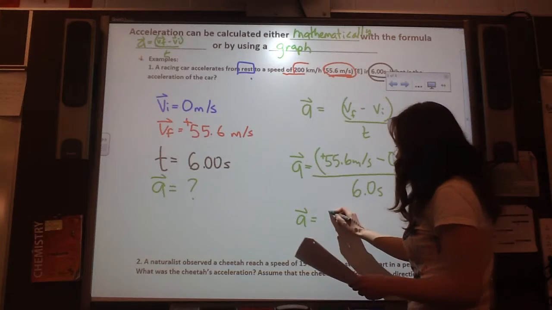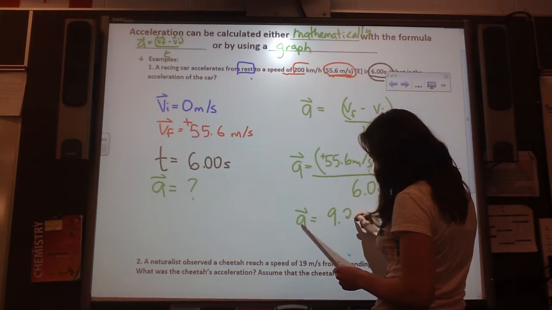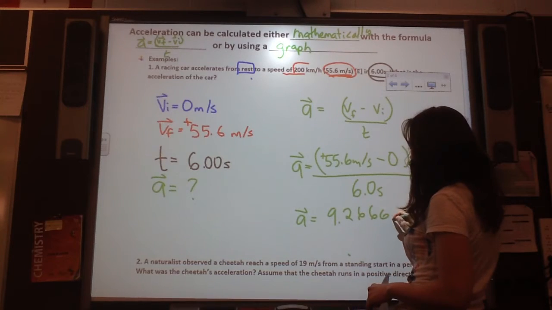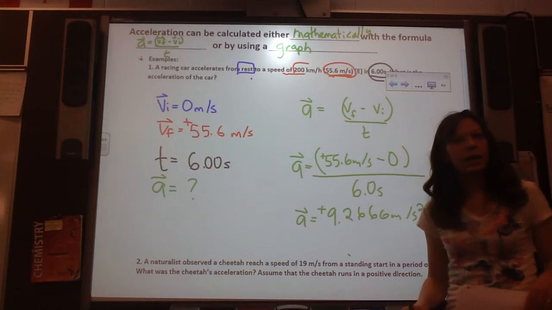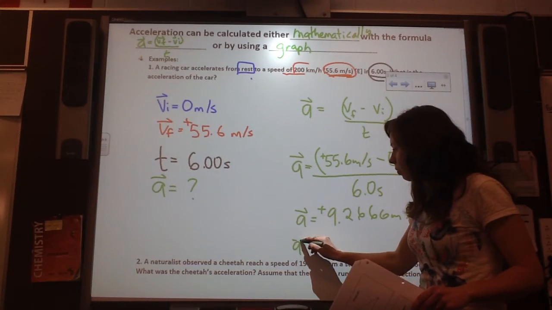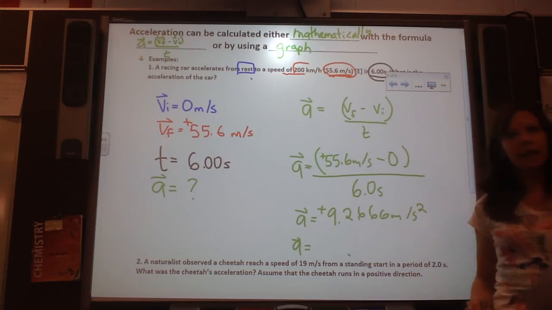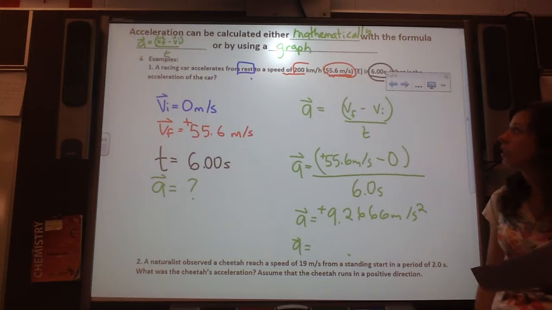9.26 meters per second squared. 9.2666 meters per second squared. Now we will write in our final answer. This is not final yet. So, we need to have sig digs. How many sig digs do I have in my question? 3.